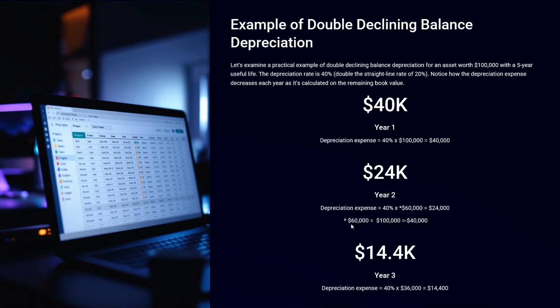So 60,000 will be the base for the calculation. In year 3, our base will be 36,000, which is the purchase value, 100,000, minus the 40,000 for the first year, minus 24,000 for the second year, and we get 36,000 as the base for calculation. Multiplying by 40%, we get a depreciation amount for the third year of 14,400.